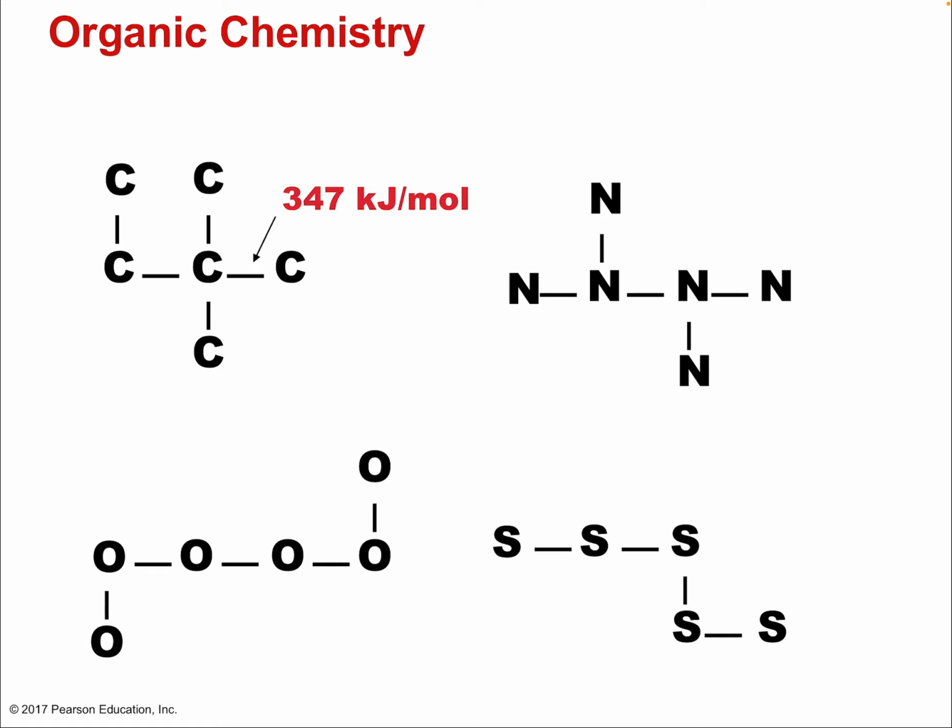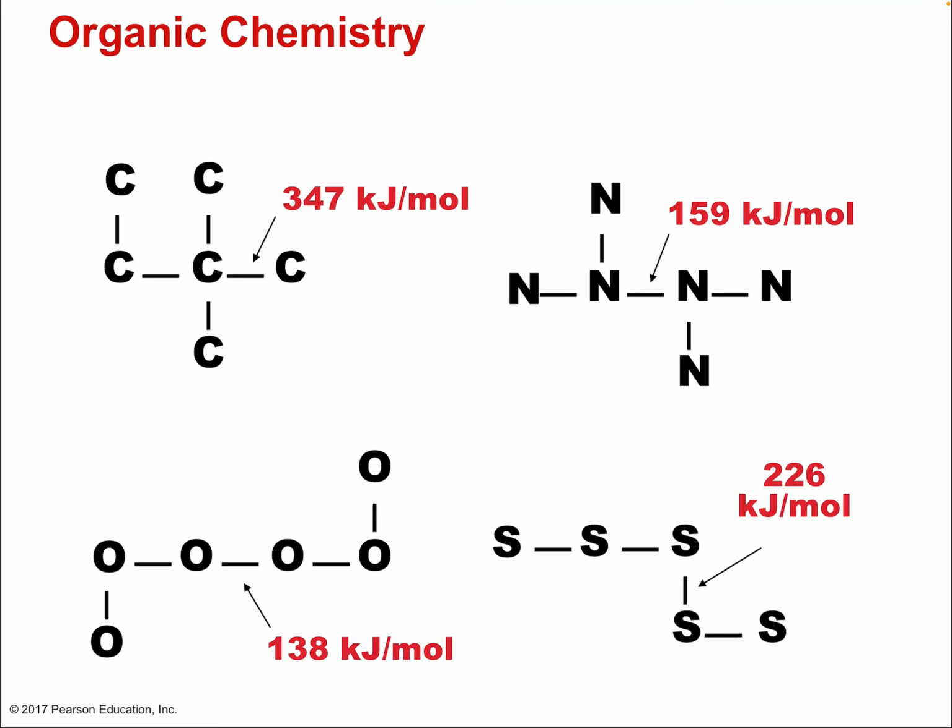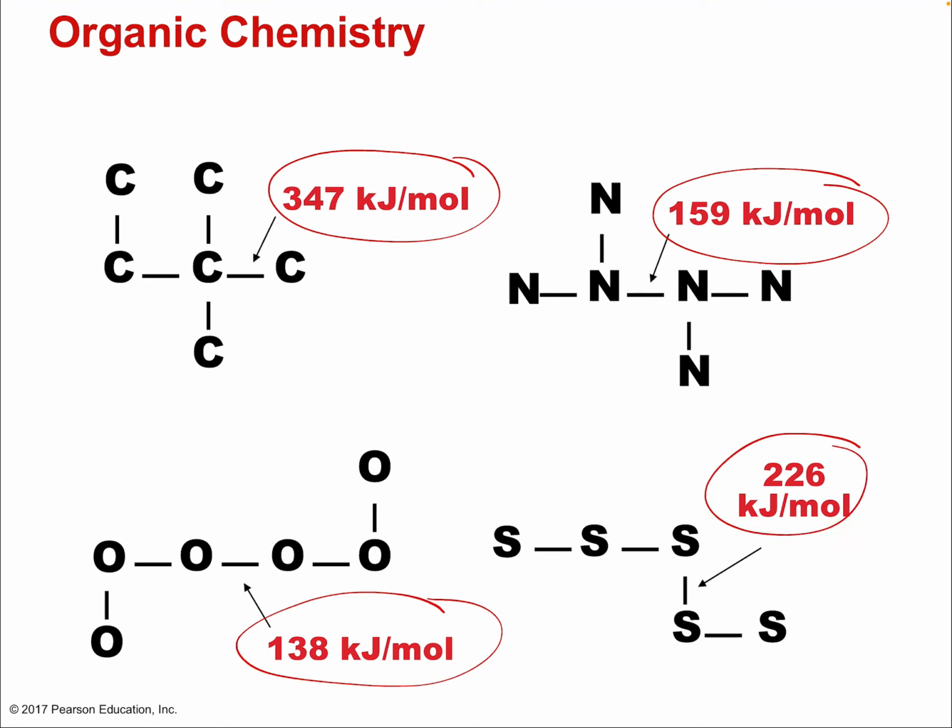However, let's compare their bonding energy, their binding energy, because if you notice, the value for the covalent bonds, a single covalent bond here, between these two carbons is greater than any of the others, okay? So all these other cases where you could imagine multiple nitrogen, multiple oxygen, or multiple sulfur chaining together, their bonds just aren't as strong.